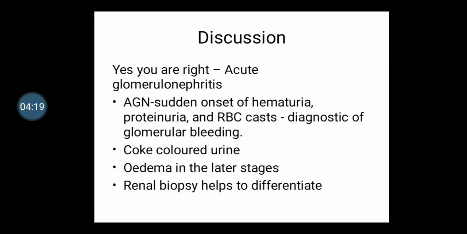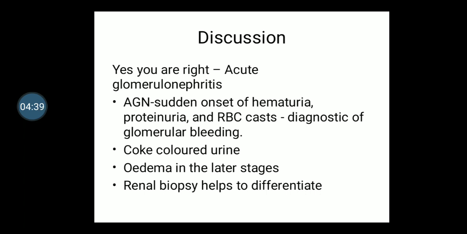Yes, you are right. Most of you have answered as acute glomerulonephritis. What is acute glomerulonephritis? That is sudden onset of hematuria, proteinuria and RBC cast.